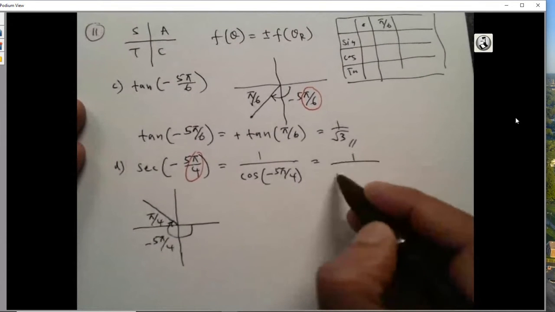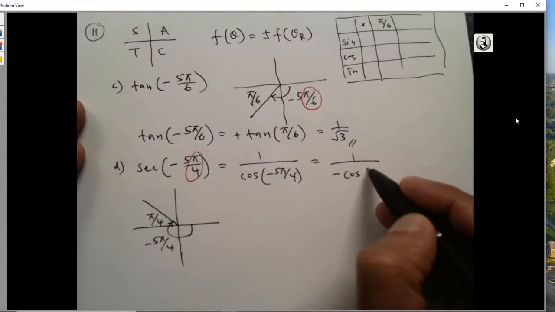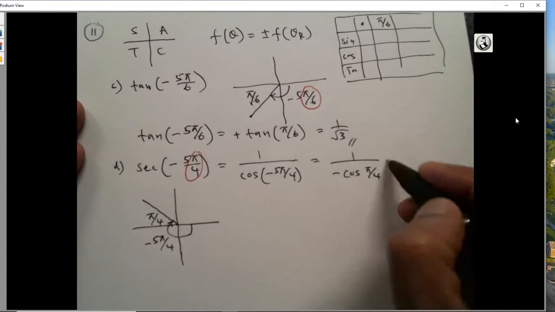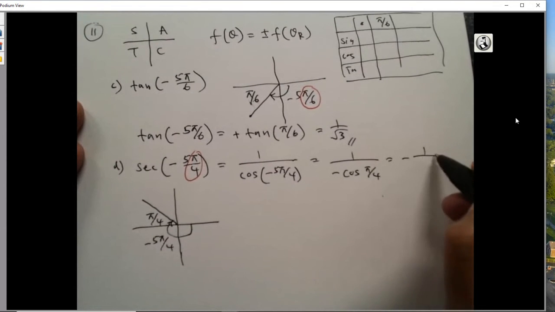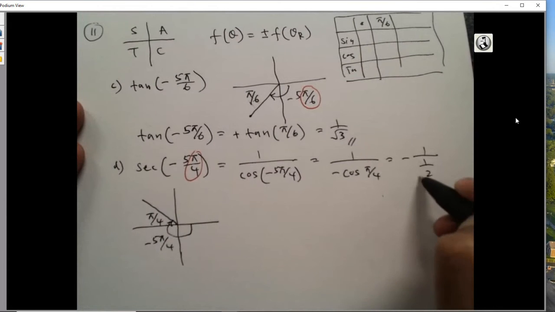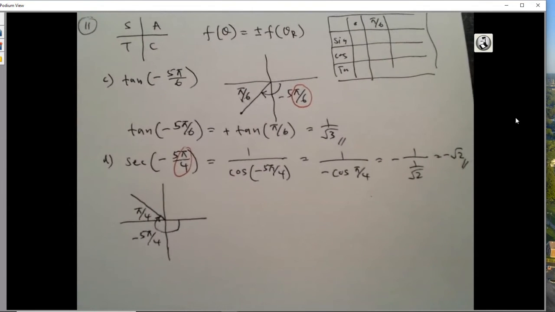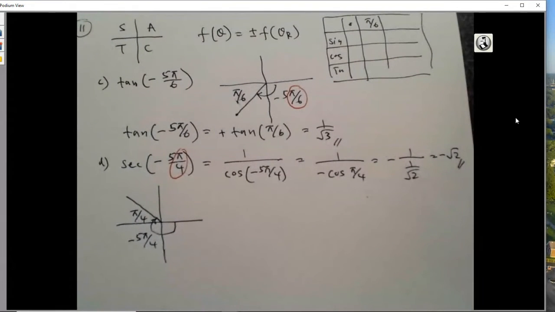So it's a minus cosine of the reference angle, which is pi over 4. This we know, the table value. So negative sign, we write it here. So 1 over how much? 1 over square root 2. So 1 over 1 over square root 2 will be square root 2. That's it. So negative square root 2.